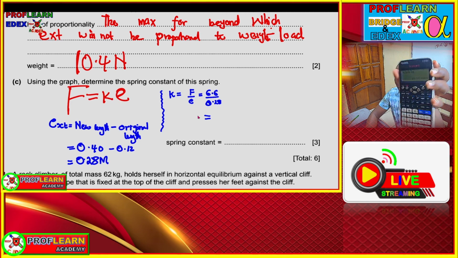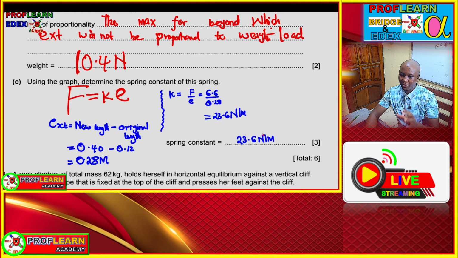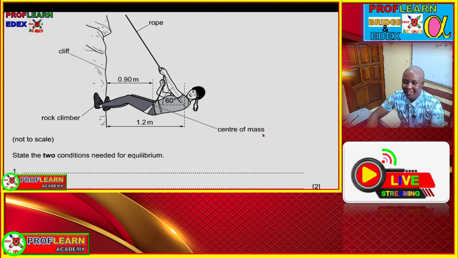So if we are going to write this, this is going to be 23.6 newton per meter. So that becomes the spring constant. So in the event that you are given a question to do with spring constant, that is exactly what you're going to do.